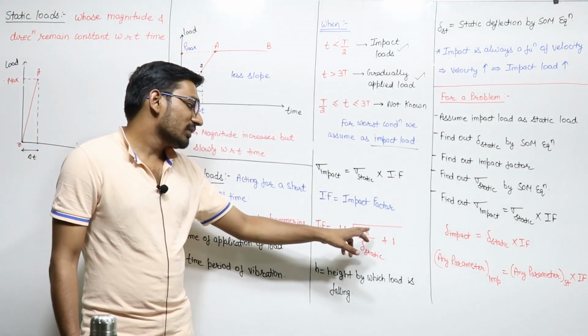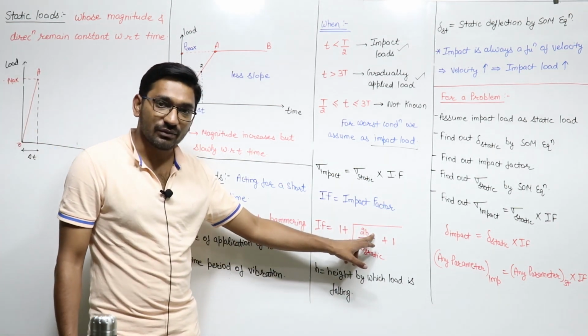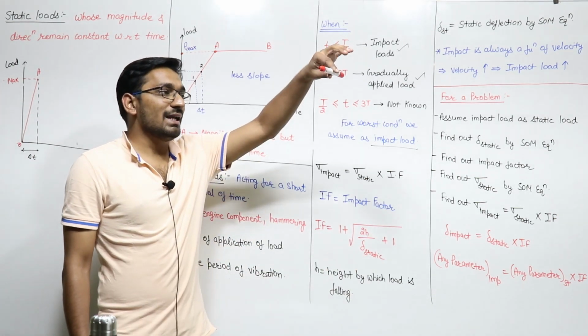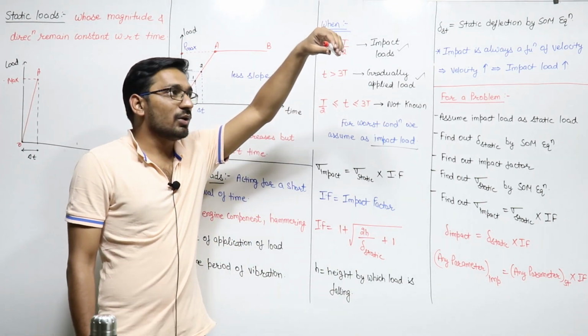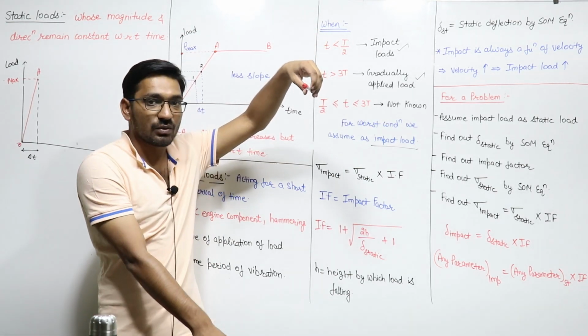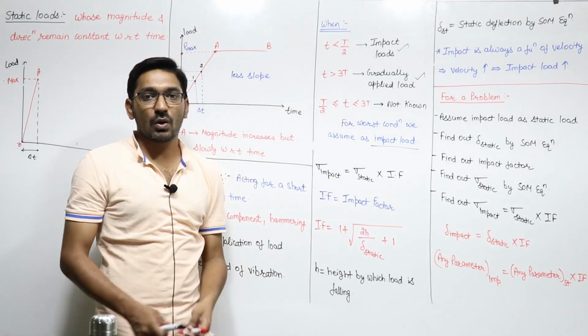In this, h is the height from which the body is falling. Suppose I release this marker from here, so this is the height from the ground. When this marker hits the ground, it will apply an impact load on the ground.